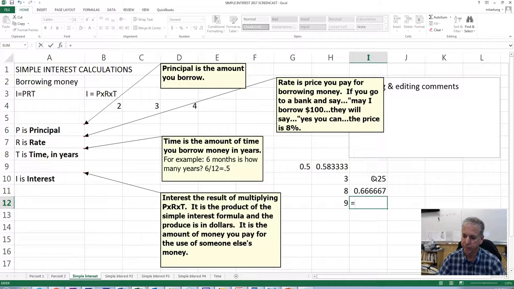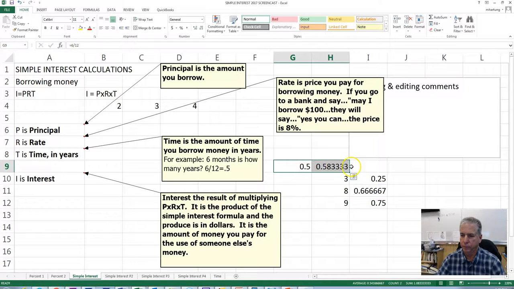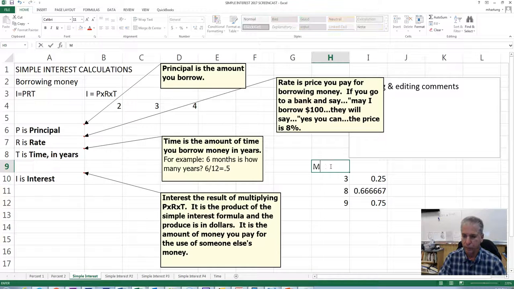And one more. 9 months divided by 12 months. And that'll tell us how many years. So there are months and years.